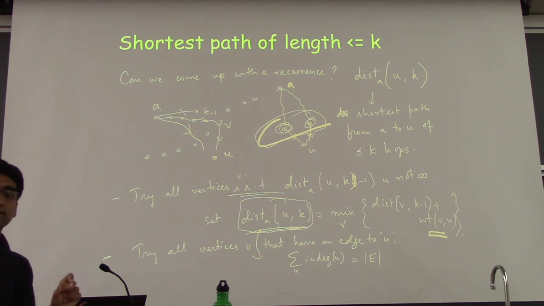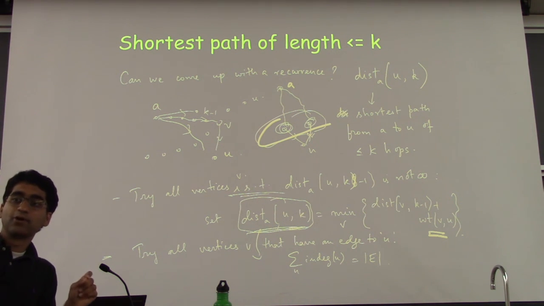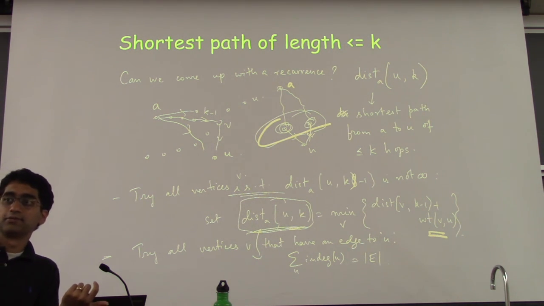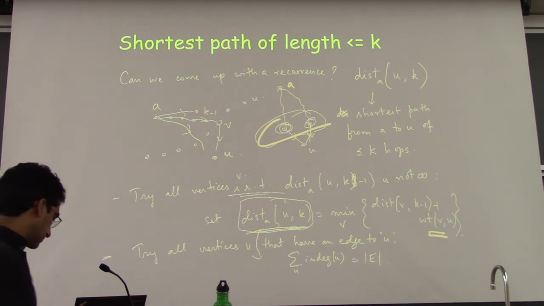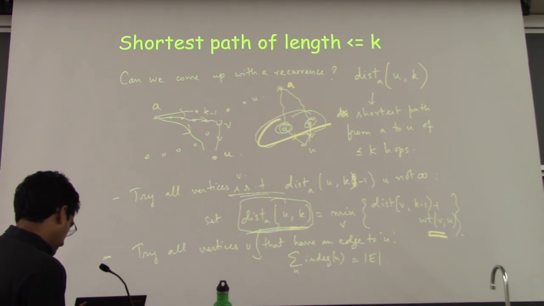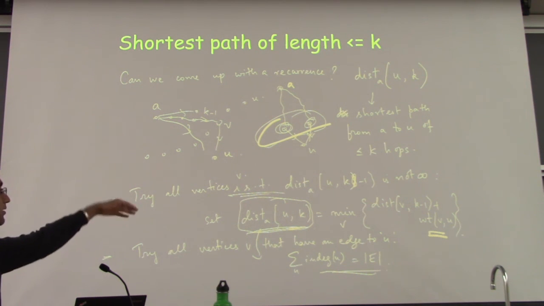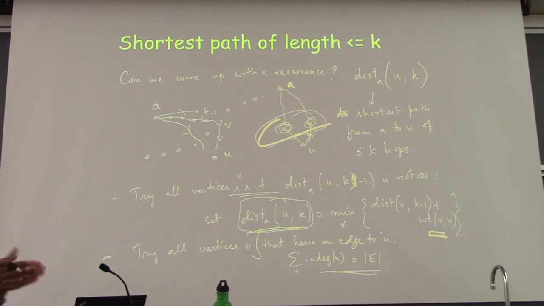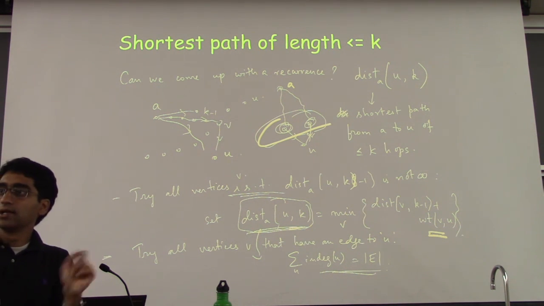Because this is a directed graph, the sum of the in degrees always adds up to the total number of edges. So this is, assuming you've computed for k minus 1, how to do it for k.